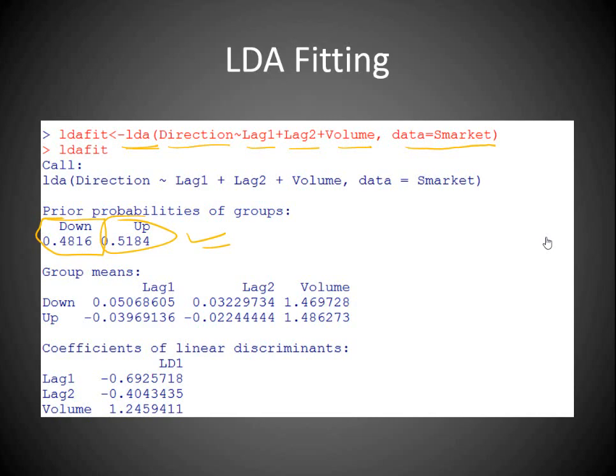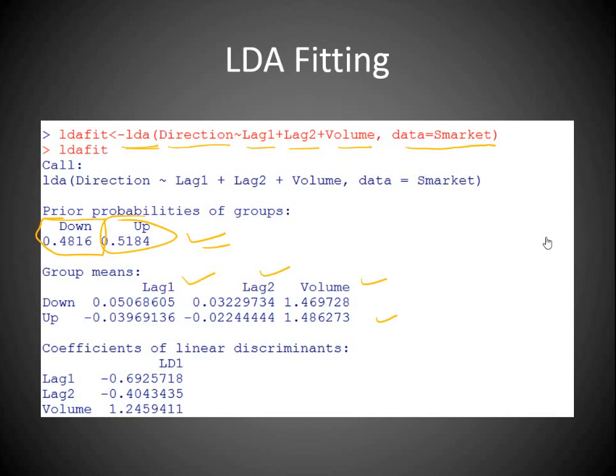You will see the significant difference between the group means with lag 1 and lag 2 and the volume. With this information, the density function is also computed, and then the Bayes formula is used, but all that is being taken care of by the algorithm, so you don't need to worry about the theory.